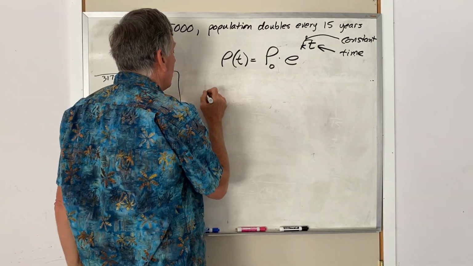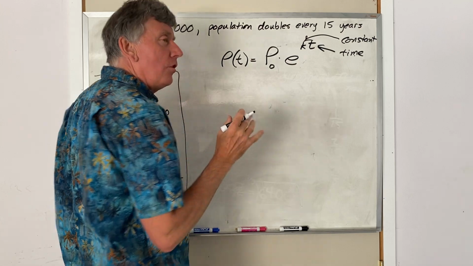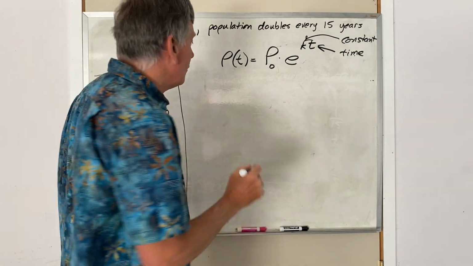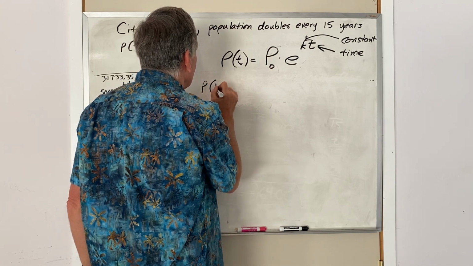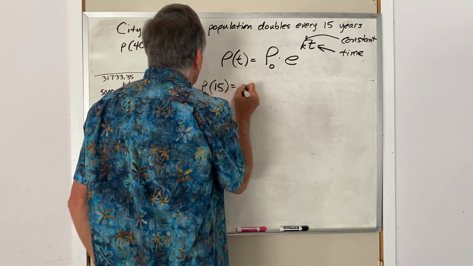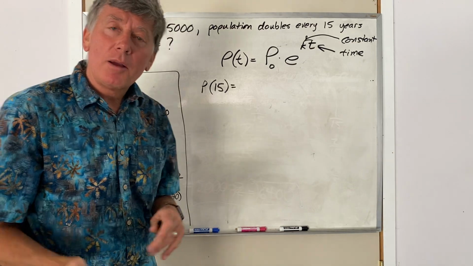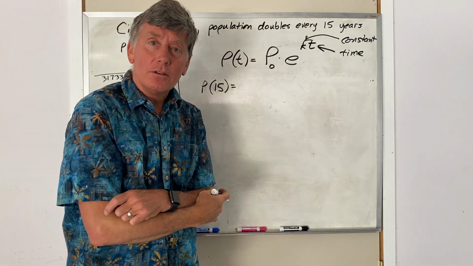So now I know that my population doubles in 15 years. So P of 15, if I start at 5,000, what's my population going to be in 15 years?